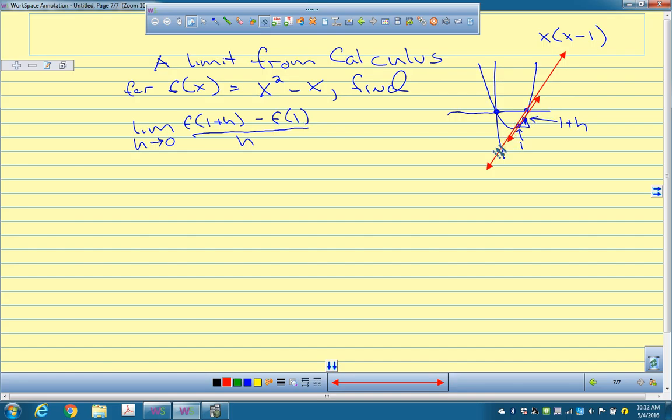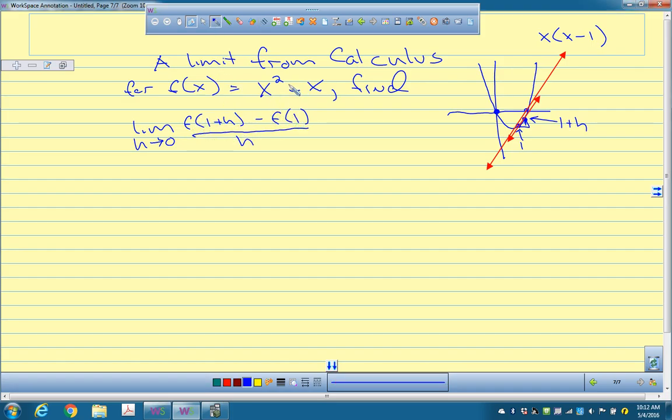Do you understand that? Okay? And when you're finding a derivative, that's what you're finding. You're finding the rate of change of a curve at any point. You'll learn that next year, okay? But right now we're just worried about evaluating. Okay?